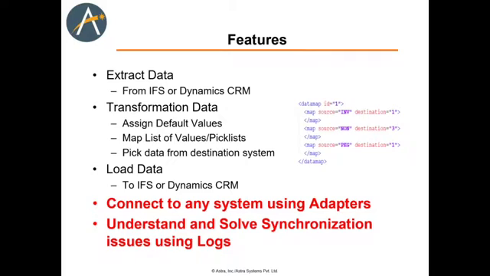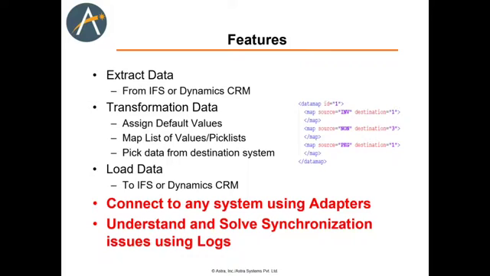So what does this do? You must have heard about what is called ETL. This pretty much does something like that, right? AIF extracts data from a source system. In this case, it is IFS or Dynamics CRM. It transforms data.